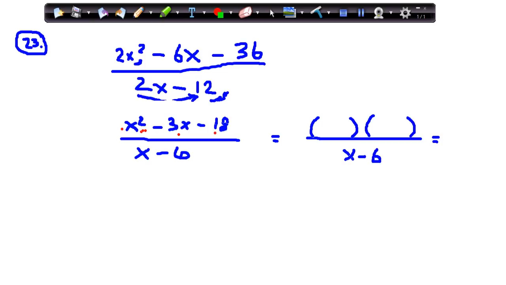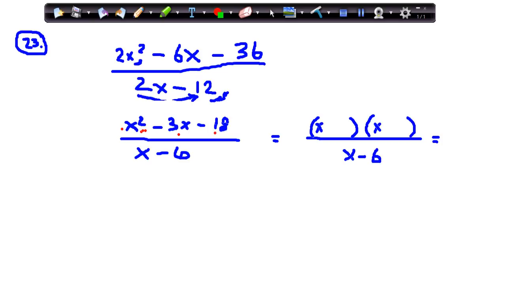So x and x make up x squared. So then we have 2 x's. Let's add that in the brackets: there's an x, and there's an x here. We just factored the first term of the numerator. x squared is 2 x's; x and x is x squared.